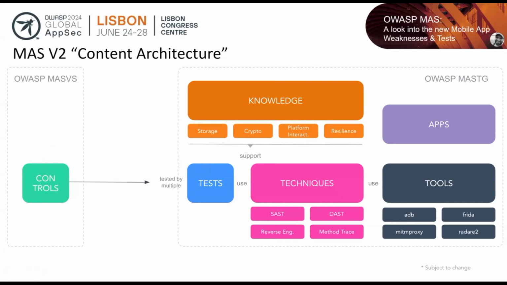For those of you that remember the MASTG in the past, this was a huge test case. This was one big text file. And one of the goals of the refactoring was to encapsulate all of these different areas. So you can see here the test is on its own, there are techniques, there are tools, there's of course general knowledge and also the apps.